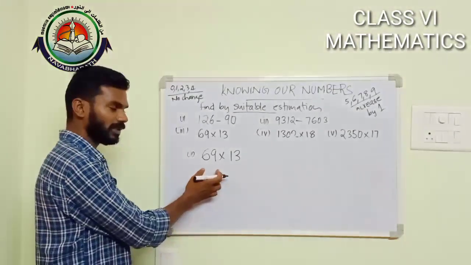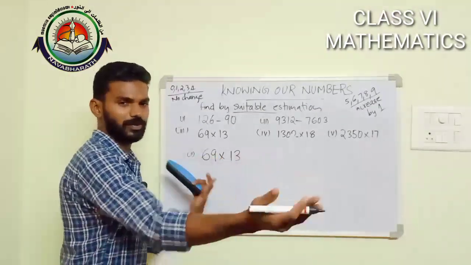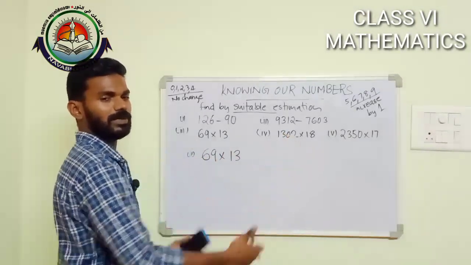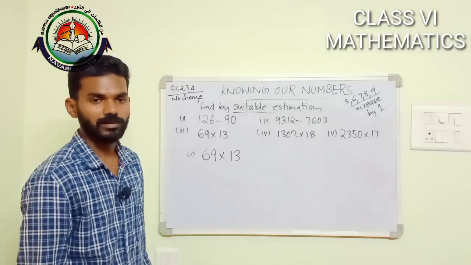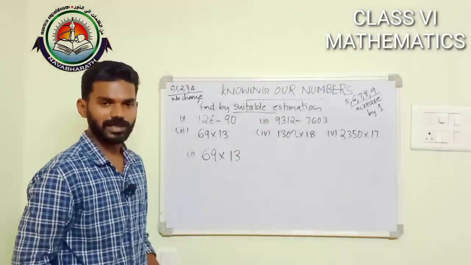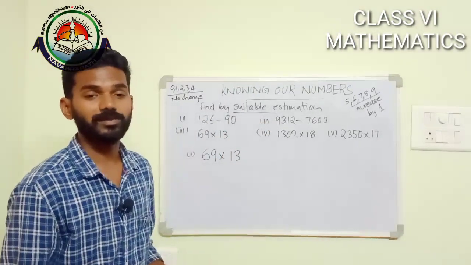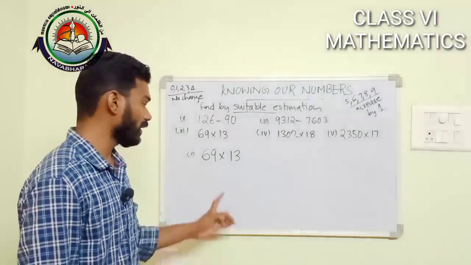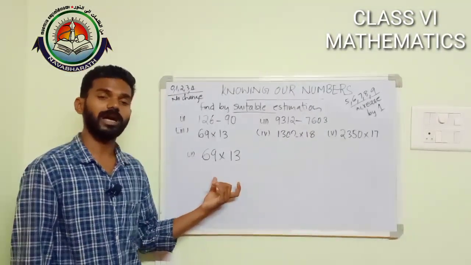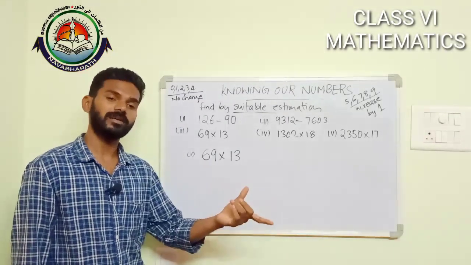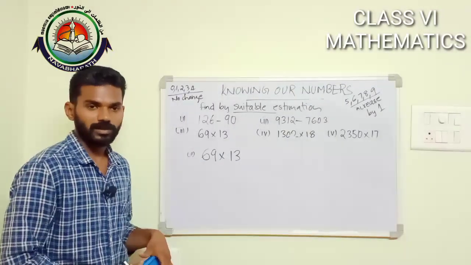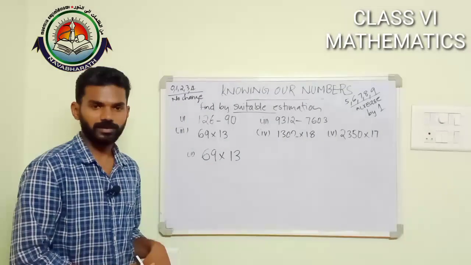So you consider 69 and 30 separately, and those can have different types of estimation. But in addition or subtraction, the same type of rounding off is done. Here it is possible to have different rounding off for different numbers. Consider 69.